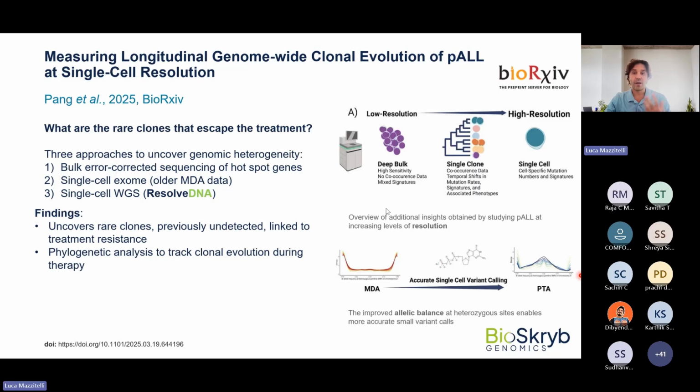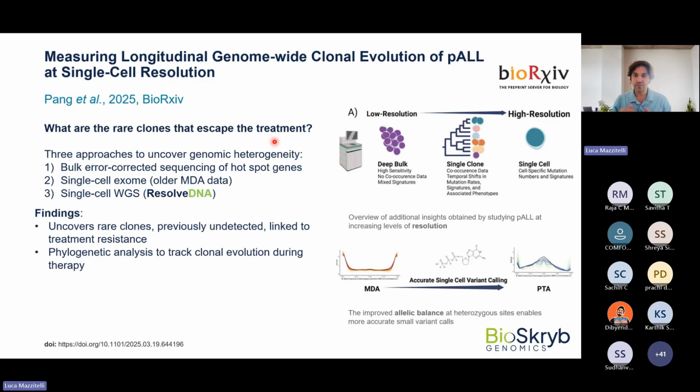In general, over 80% of children with acute lymphoblastic leukemia can be cured by treating them with multiple chemotherapeutic agents. But some of those cells can escape the treatment. So the question was, what are the rare clones that are escaping the treatment?